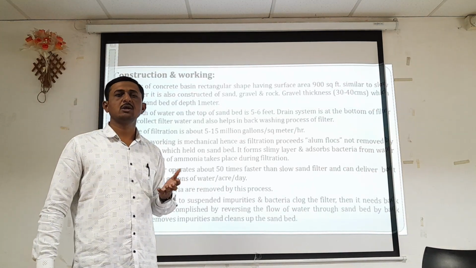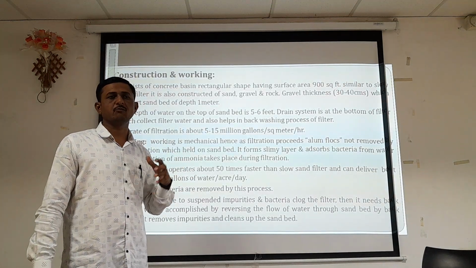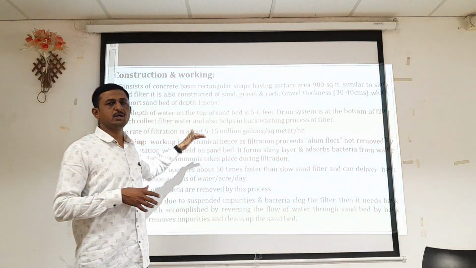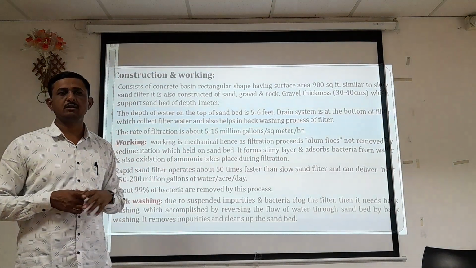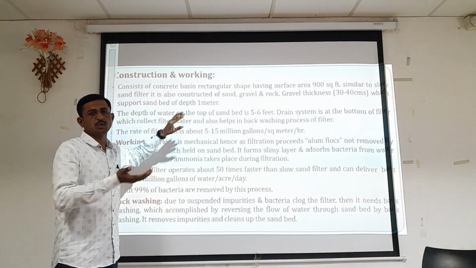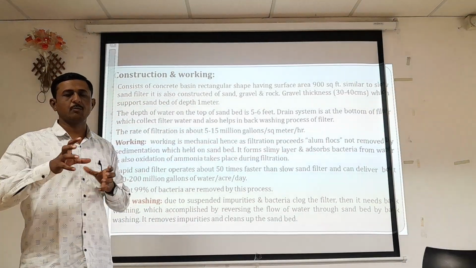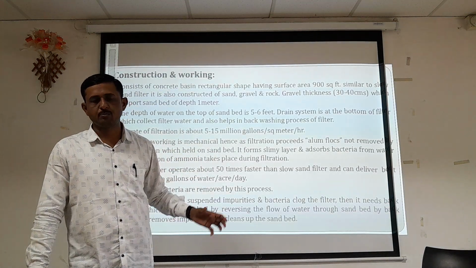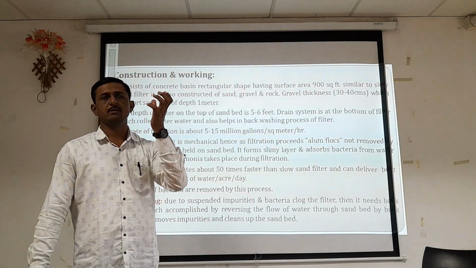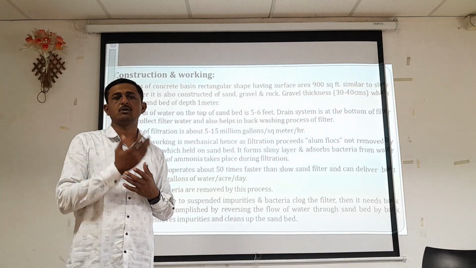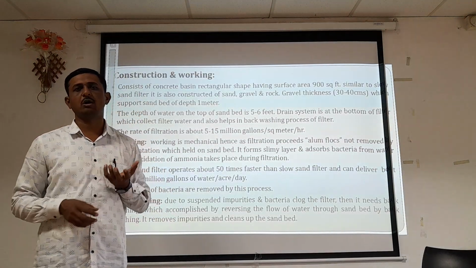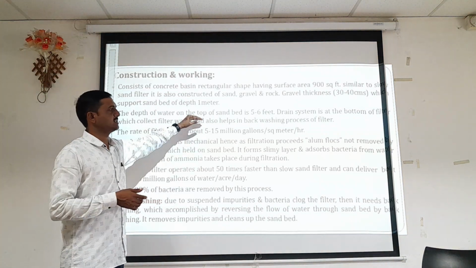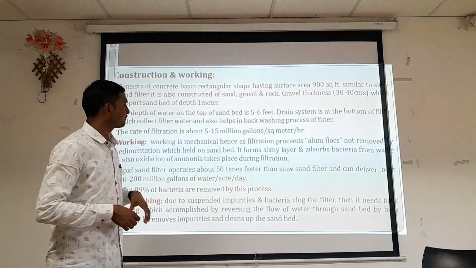so manual methods are not used. By mechanical means we can wash away the blockage caused by the impurities of the water sample by reverse washing through the drainage line. Proper valves are used so that the filtered water is pushed under pressure in the upward direction, so that the blockage formed inside the gravel bed is removed, and that process is called back washing.